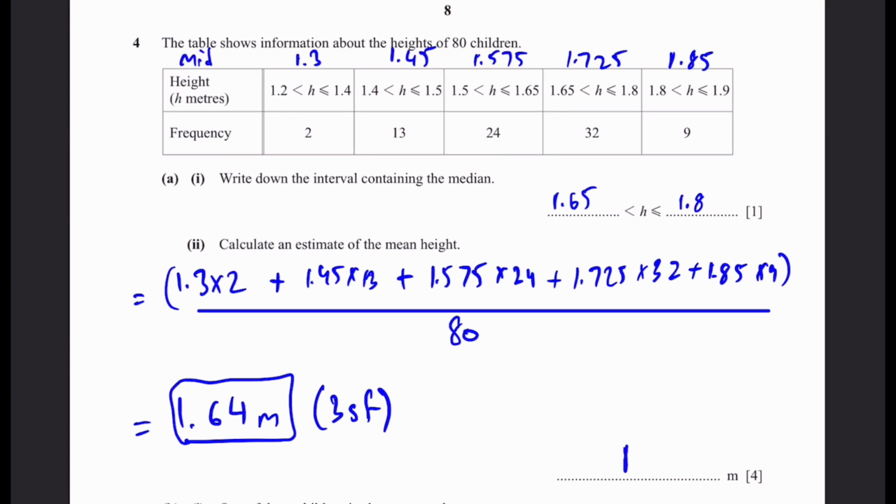Remember that we need to write our answer in 3 significant figures all the time if it is not already, or if it's not specified in the question, some other degree of accuracy. That's why 1.64 meters is the answer.